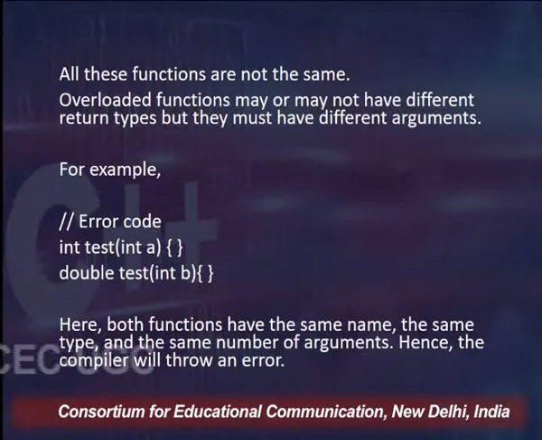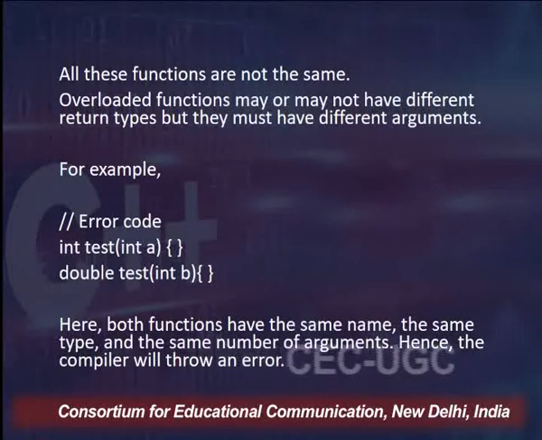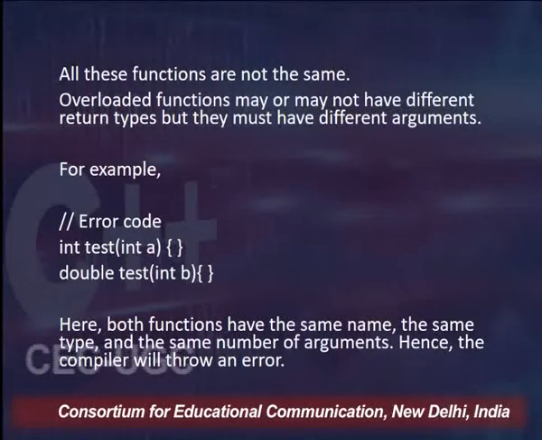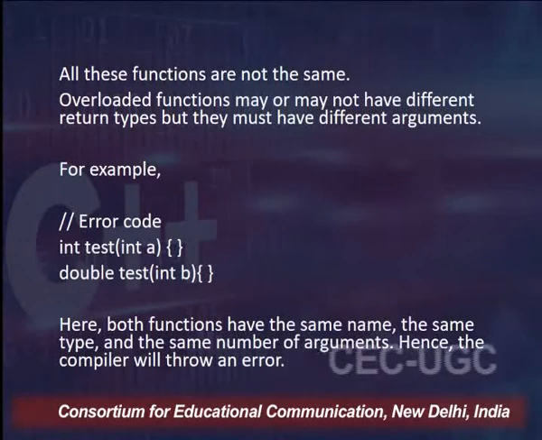There is a function test which is taking one integer parameter and returning an integer. Similarly, there is a function test which is taking an integer parameter but returning a double. Now if we compare these two, what is the difference?